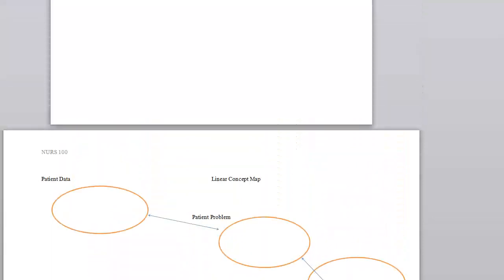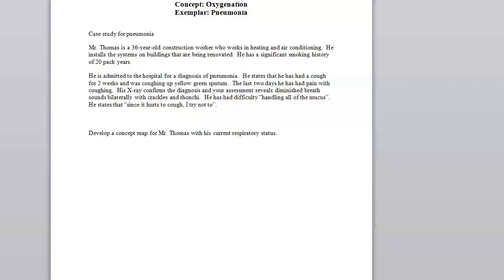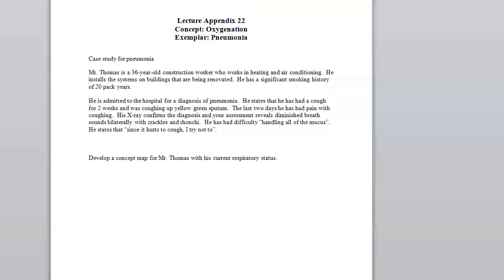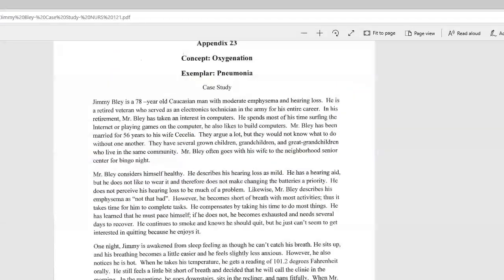But I had another case study. And I'll read it to you a little bit because it's really a good one. Let me scan it, and then I'll put it up here on the computer for you. All right, here's another case study I just wanted you to kind of read through.